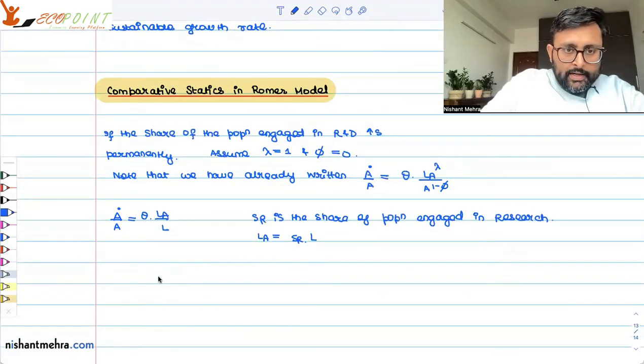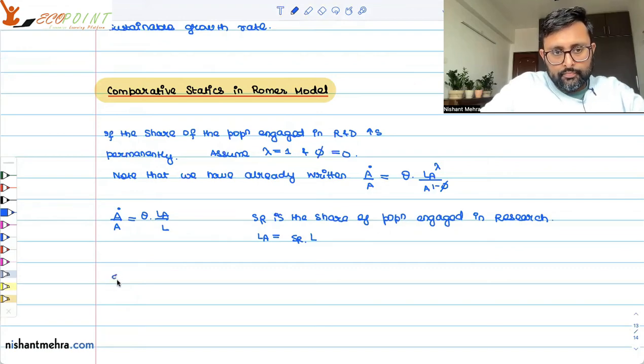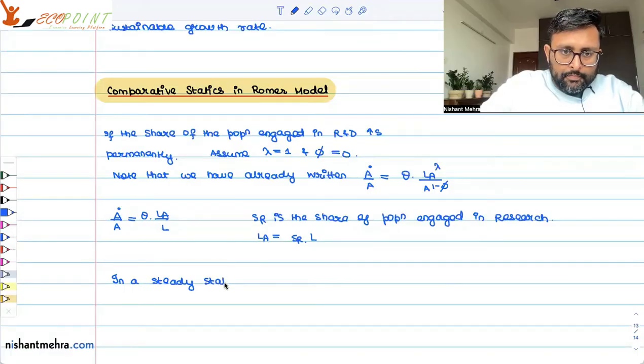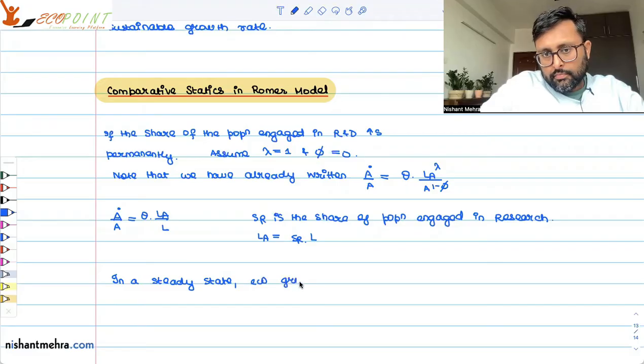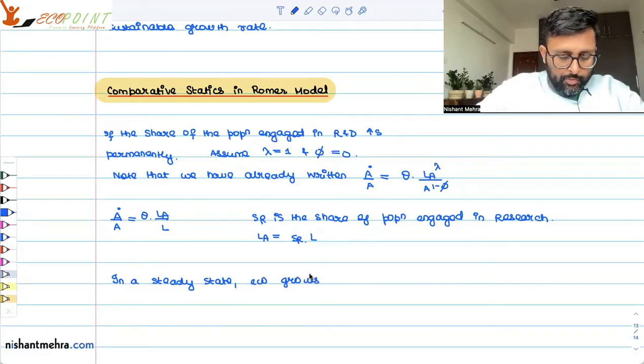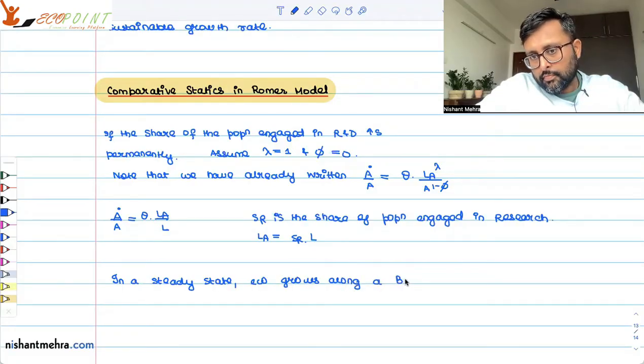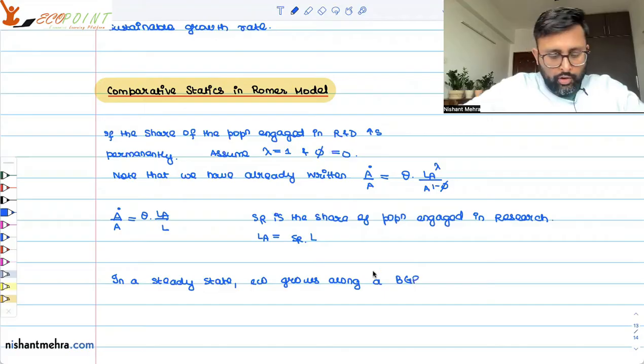Please write, in a steady state, the economy grows along a balanced growth path.